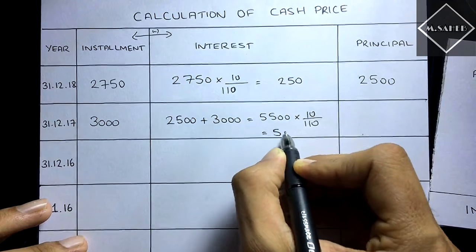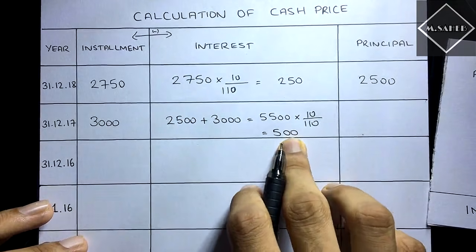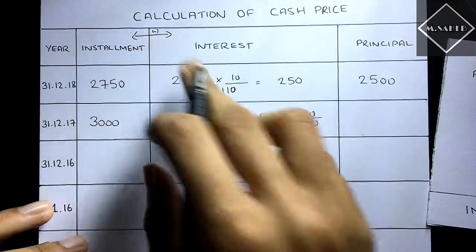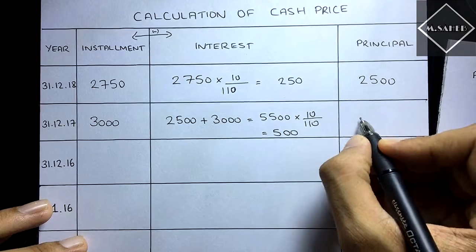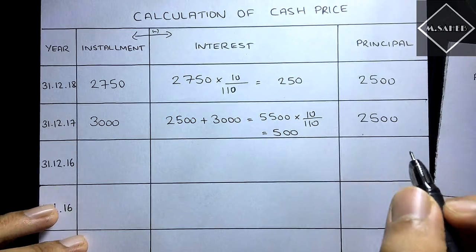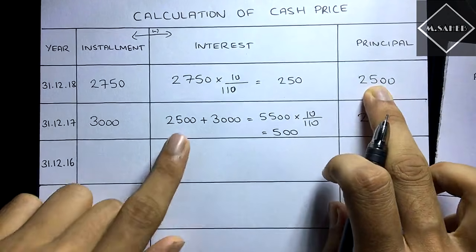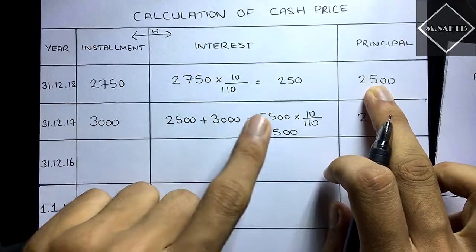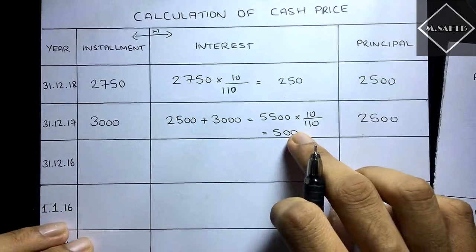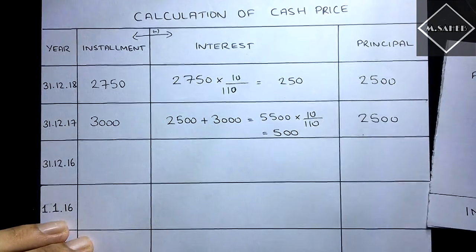Now 3000 minus 500 is equal to 2500. That is the principal amount. See how simple it is. You just have to add the principal with the installment, and then on that amount you have to calculate the interest.